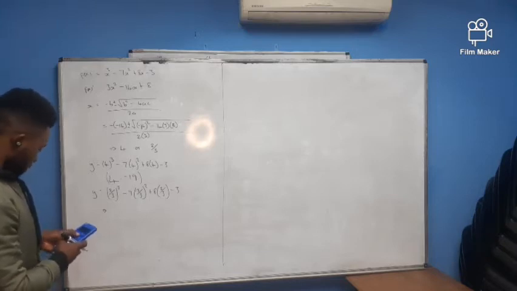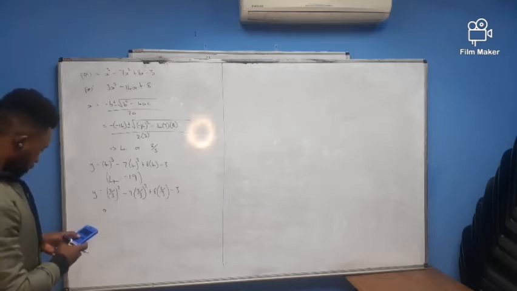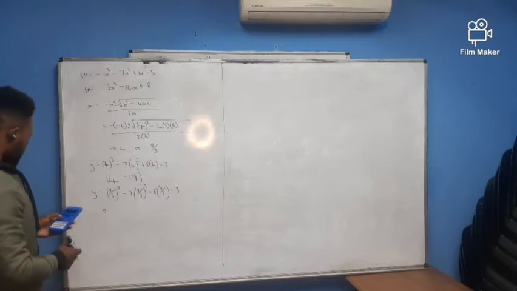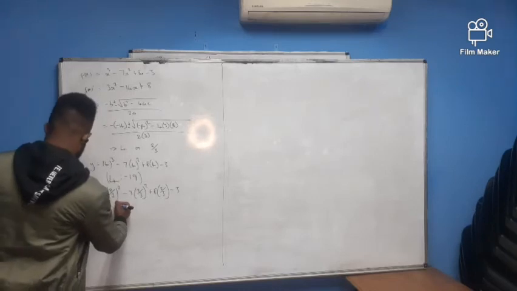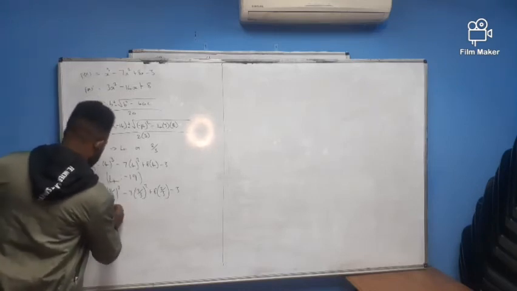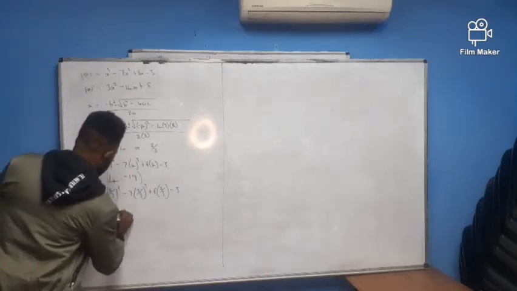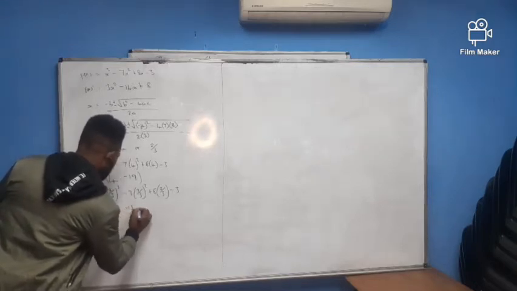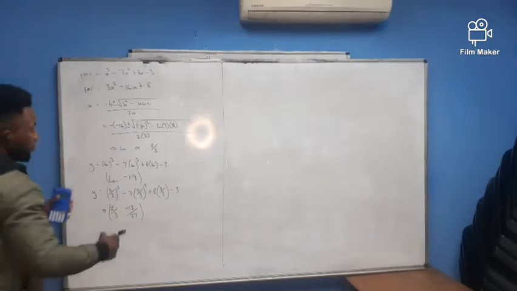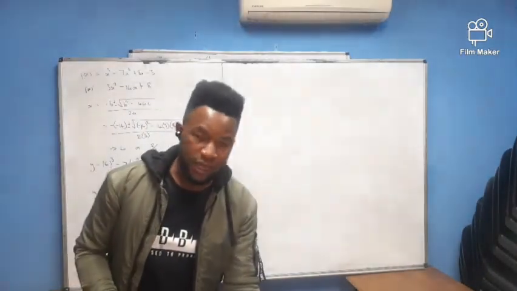Let me just recheck if it is correct. So I'm getting, on my phone, 2 over 3 and also minus 13 over 27. So I have 2 turning points, this one and this one, which means I'm done with the first question.